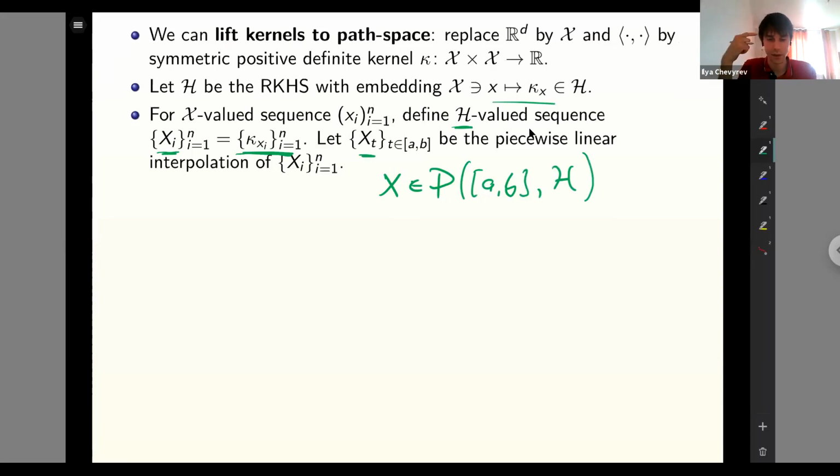If our kernel here happens to be the Laplace kernel or a Gaussian kernel, then X in this case would again be RD, but we forget its Euclidean structure. Then these Hilbert spaces become infinite dimensional. So this is now a path which potentially takes values in an infinite dimensional space.